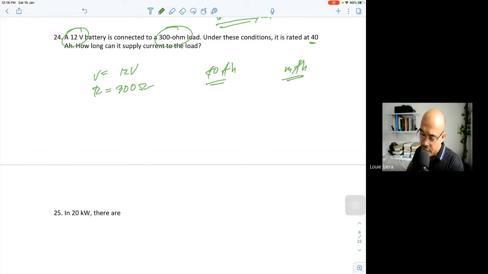Okay, so let's solve for the current here. According to this formula here, VIR, the formula of I is voltage divided by the resistance. So in this particular case here, the voltage is equal to 12 volts, and then the resistance is 300 ohms. Okay, so divide that one.